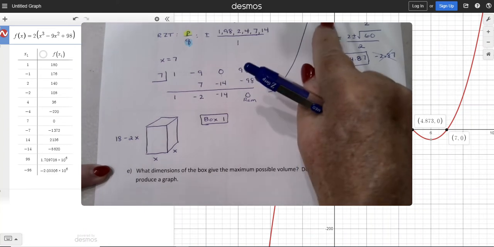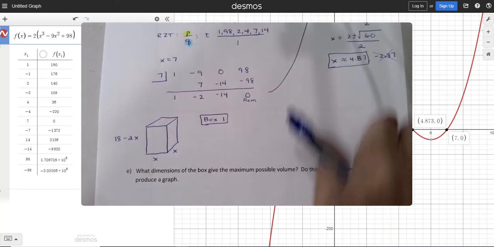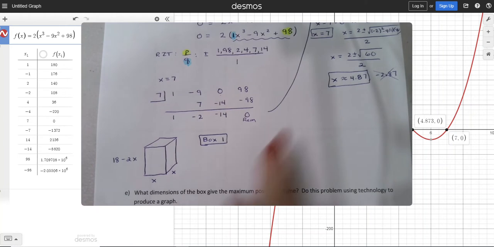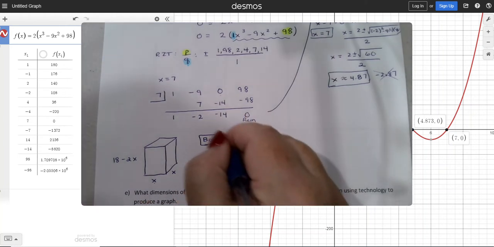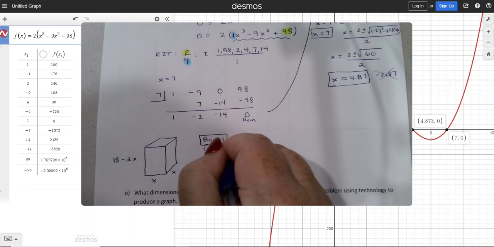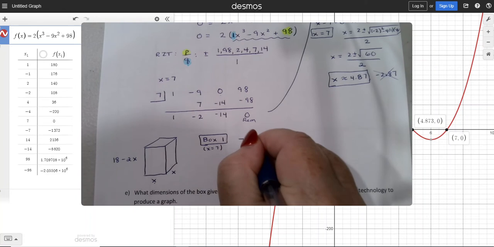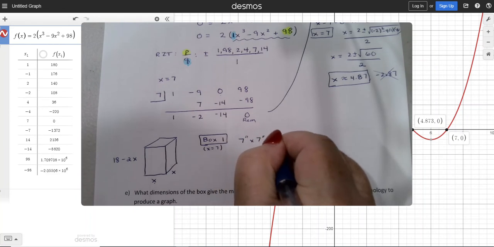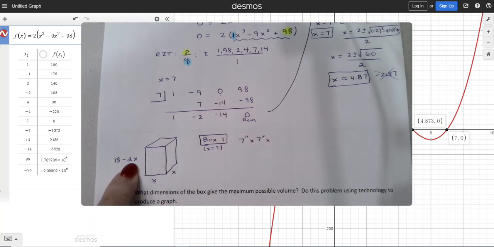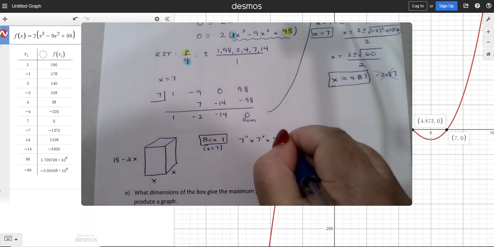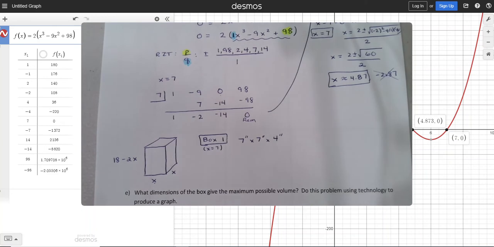In box 1, I'm going to use this x equals 7 that we found, right? One of my solutions. If x is 7, this box would be 7 by 7, and then 18 minus 2 times 7, 18 minus 14 was 4. So that's one option.